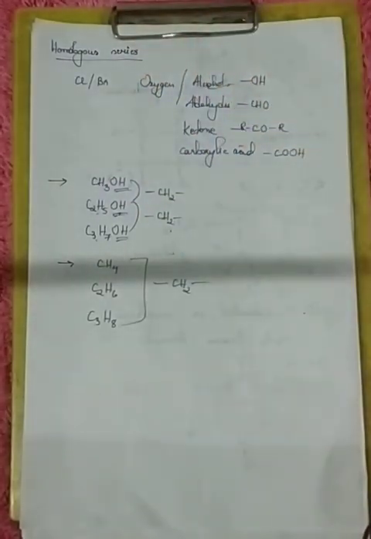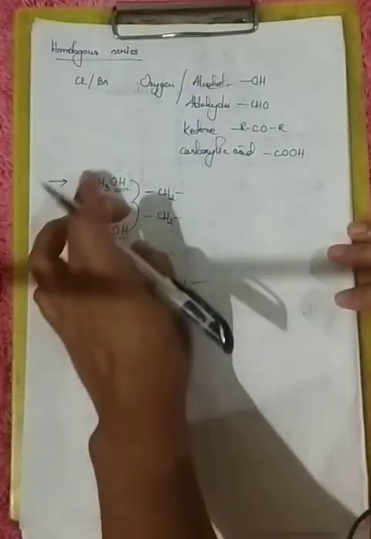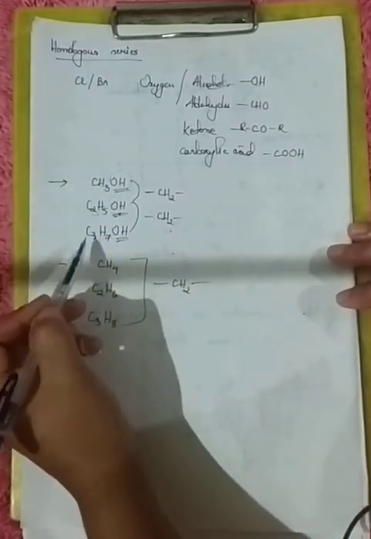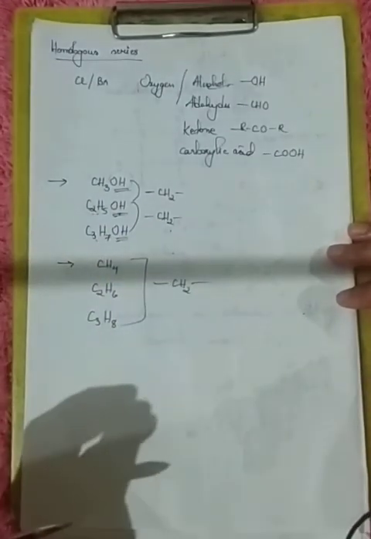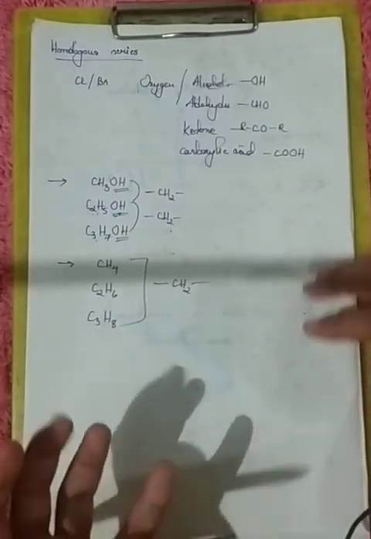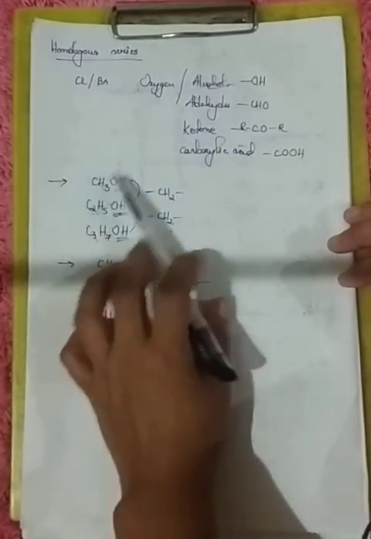Some points to remember here: the molecular mass increases, because the number of carbon atoms is increasing. The more carbon atoms, the more the molecular mass, that means the weight, increases. And the physical properties also change.